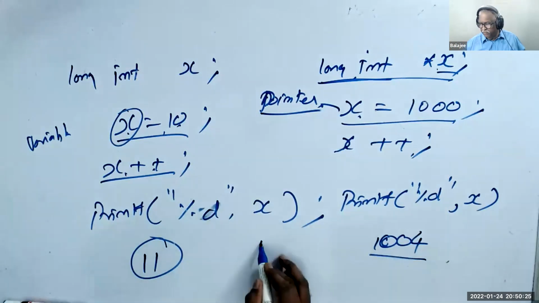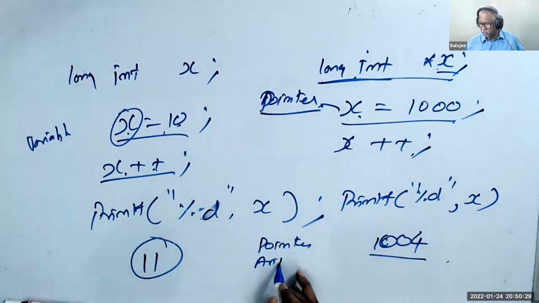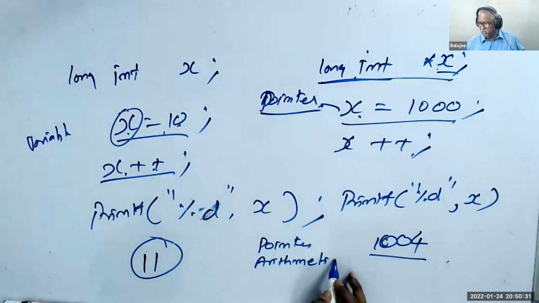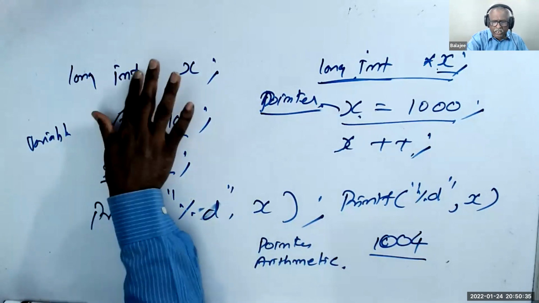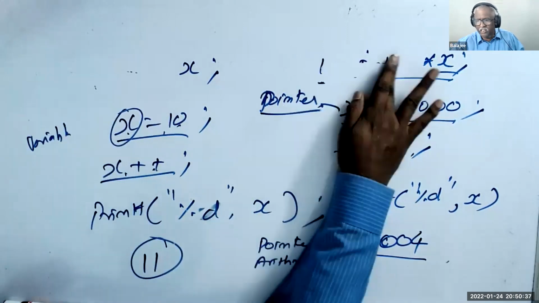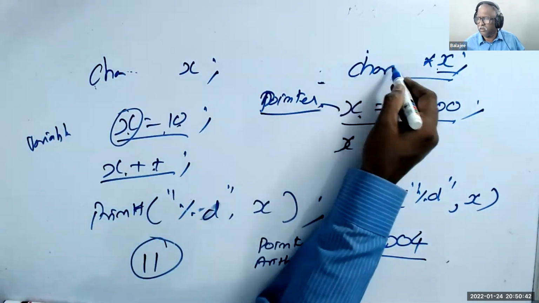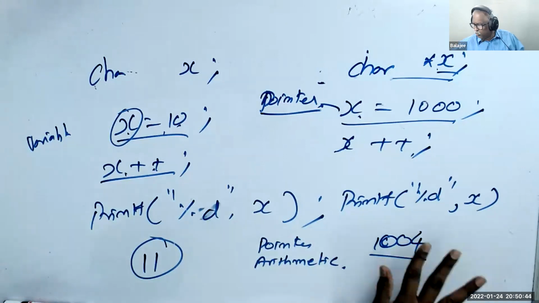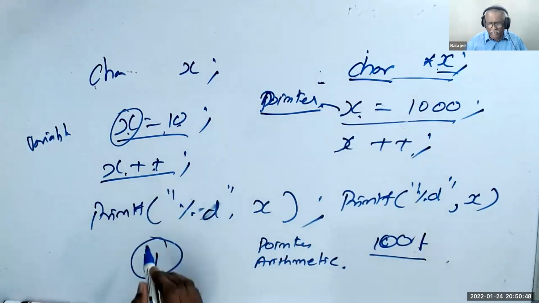This is called pointer arithmetic. You understand the difference now? When I put here, if instead of integer, I put char, I will get 1001. 1 will be incremented because char occupies 1 byte. Here 11.